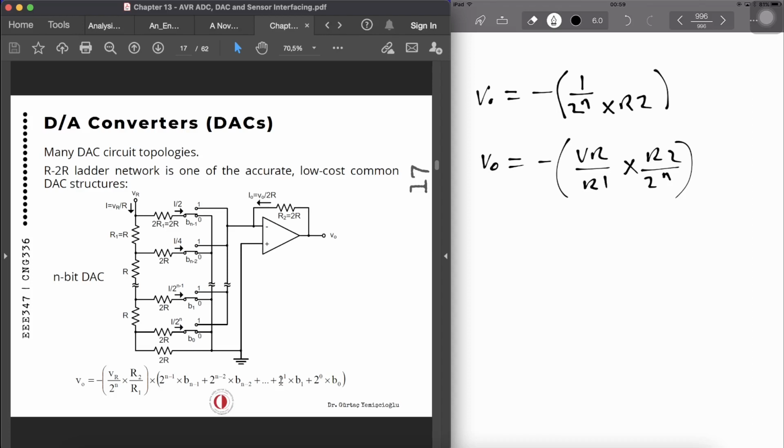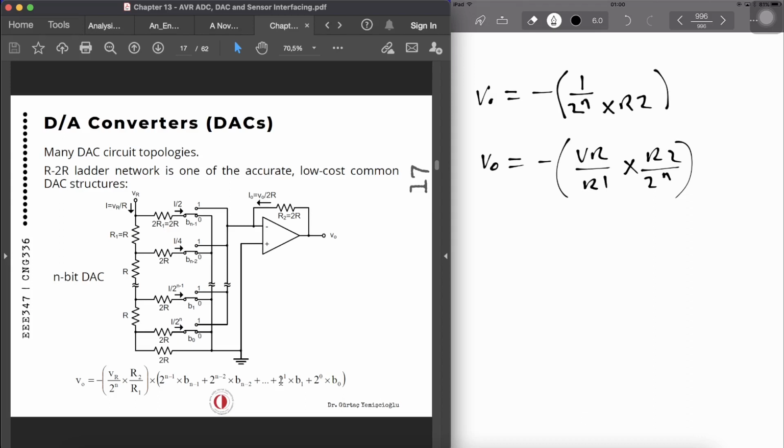Now, you can build the relationship between the reference voltage and output voltage by adjusting these resistor values. Right now they are adjusted so that R2 is 2R1.